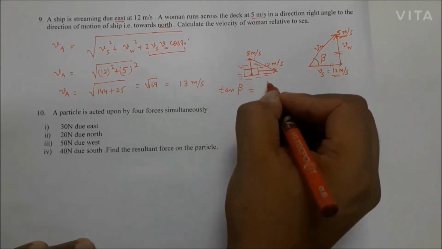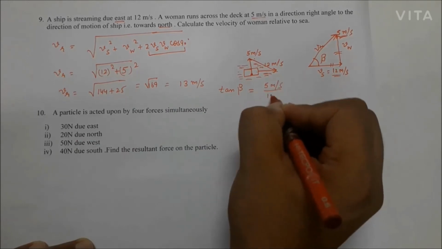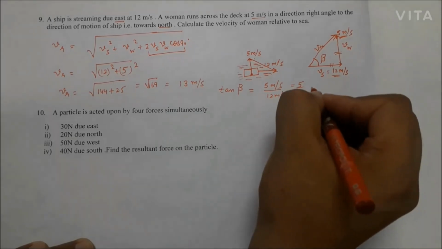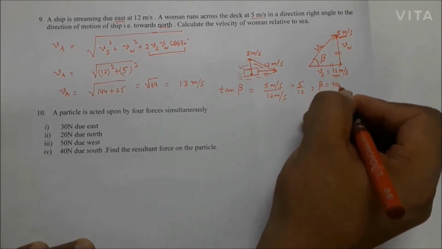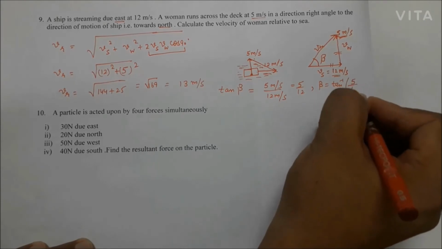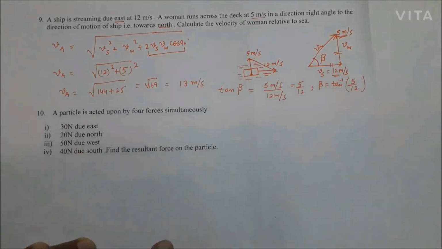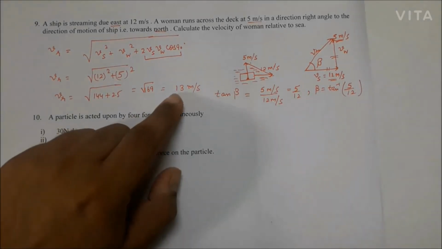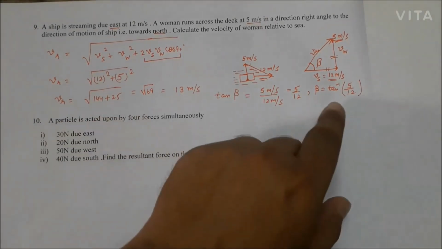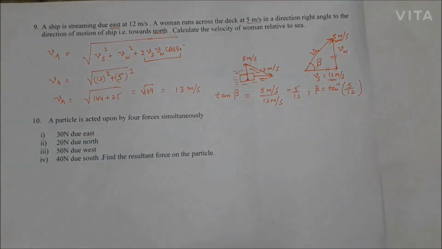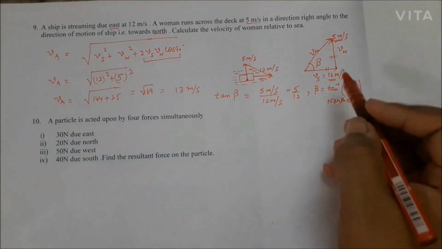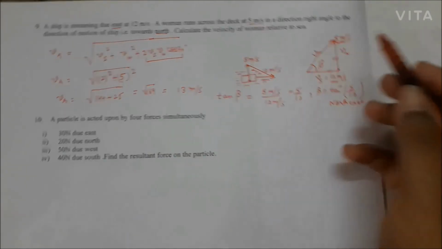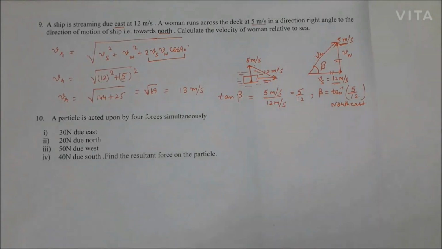It comes out to be 5 meter per second upon 12 meter per second. So 5 upon 12. Now your beta comes out to be tan inverse 5 upon 12, and this is your answer. Okay, now the magnitude of velocity is 13 meter per second and the direction of velocity is tan inverse 5 upon 12 towards northeast. Look, the ship is moving in east and the woman is moving in north, so the direction of this resultant will be in northeast. Let's move to our next question.